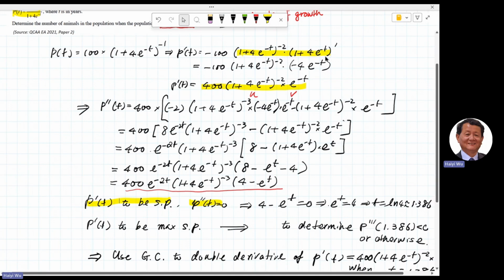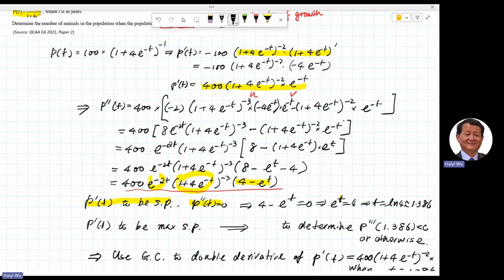If you look at the first two factors, they cannot be equal to 0 because they're all greater than 0. So the only thing that can equal 0 is the last bracket: 4 minus e^t equals 0.